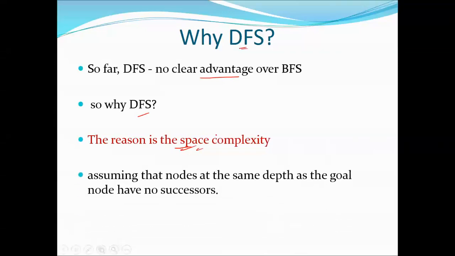So let us discuss this with an example. Assume that the nodes at the same depth as the goal node have no successors. That is, consider a tree something like this. Say this is the goal node, and the nodes which are at the same level as the goal node have no successors.